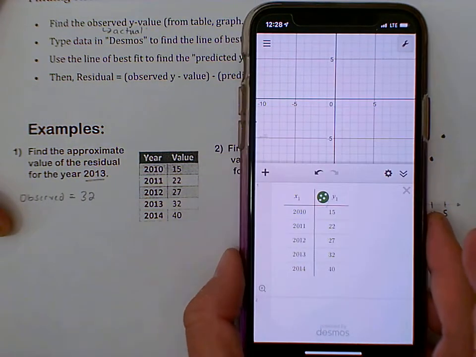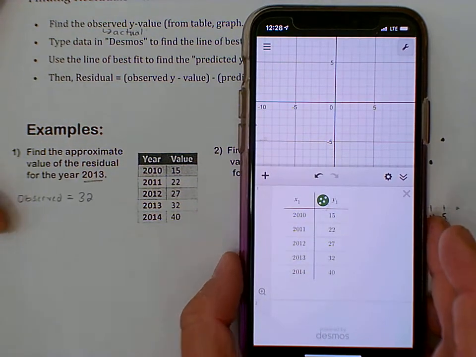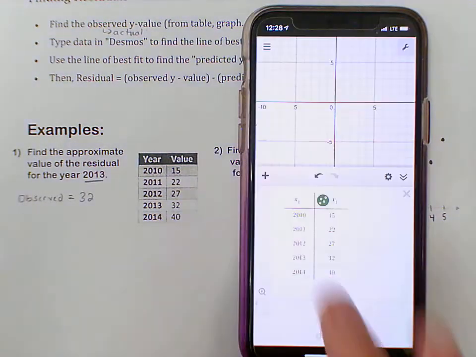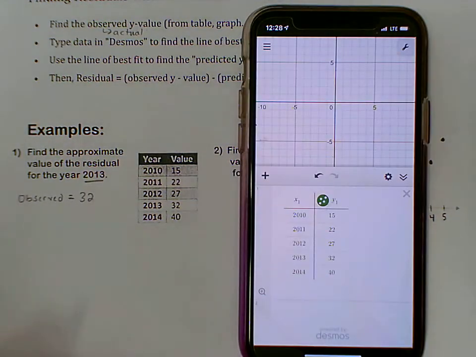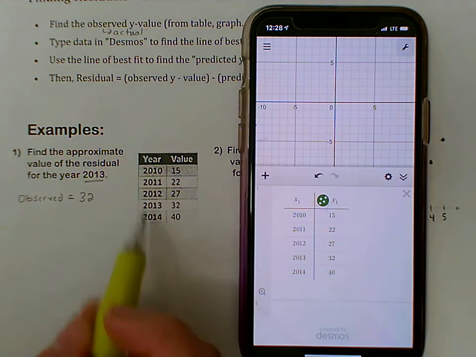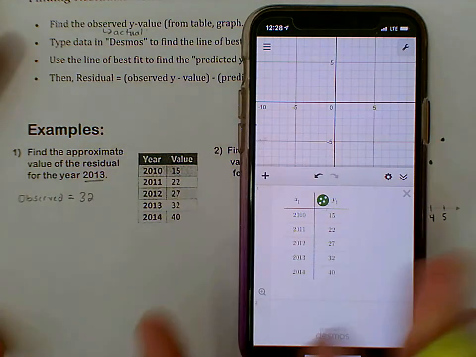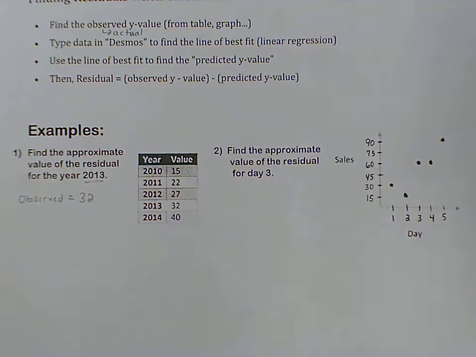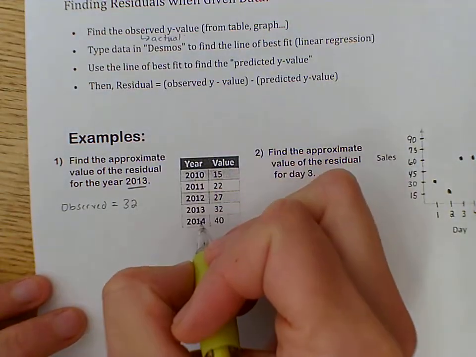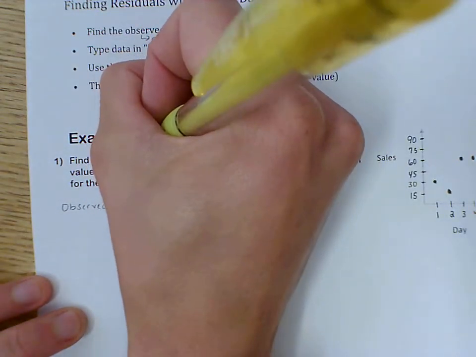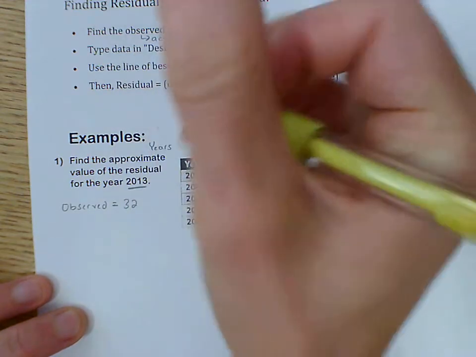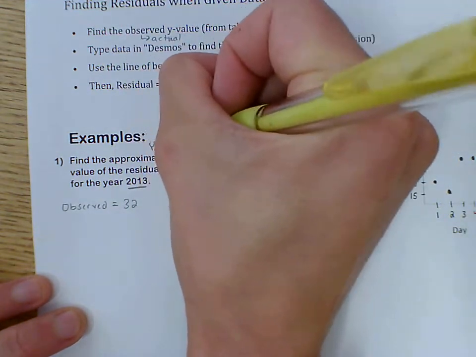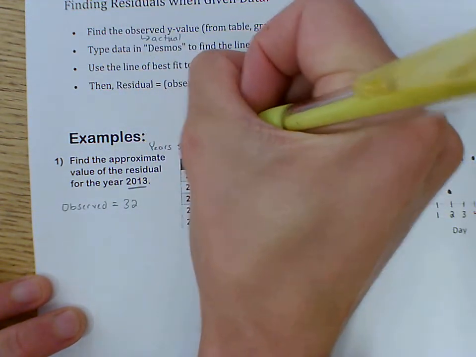Something that we didn't get to talk about in the last problem is what happens if they're dealing with a year and they're telling you to write the table in a different way. For instance, what if in this problem, instead of having the years like this, they say they want you to write the equation in the years since, for instance, 2000.